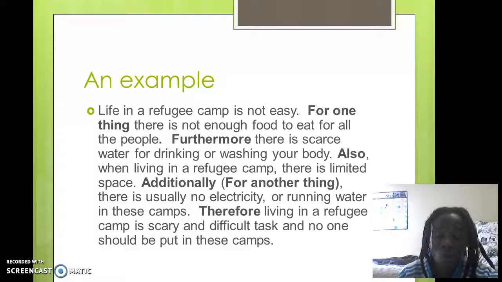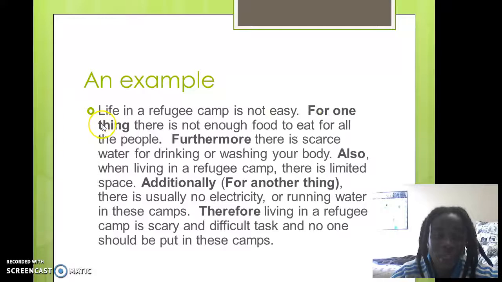Additionally, or for another thing, there is usually no electricity or running water in these camps. Therefore, living in a refugee camp is a scary and difficult task, and no one should be put in these camps.